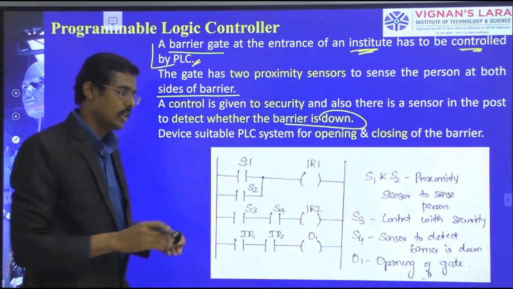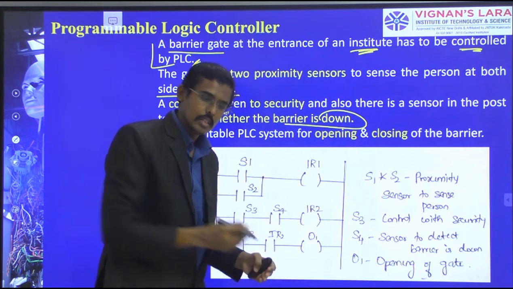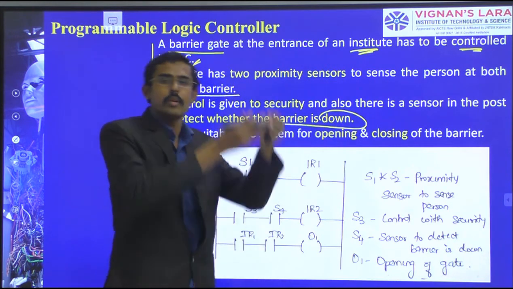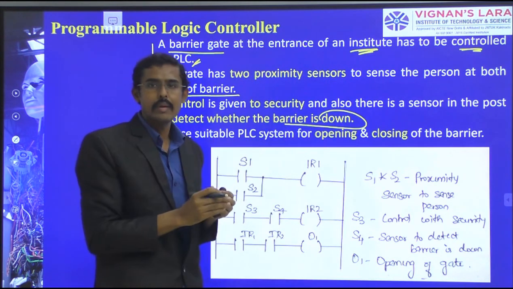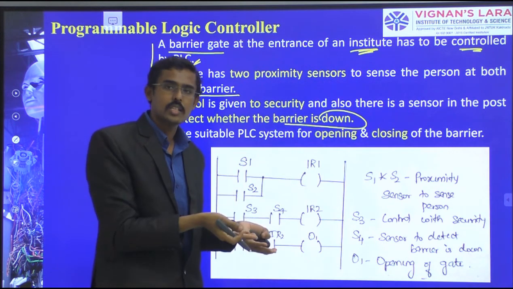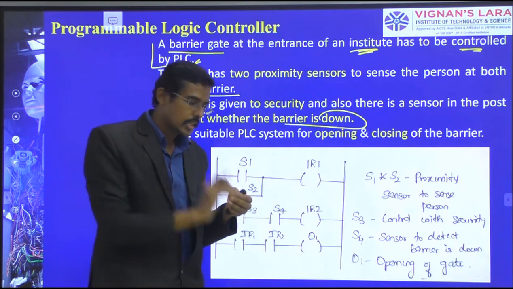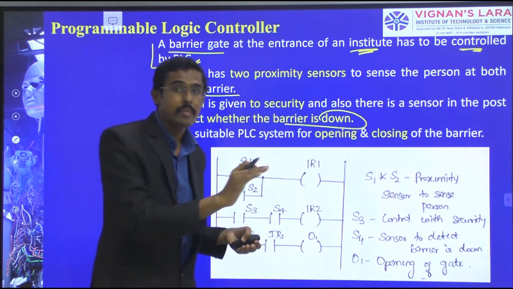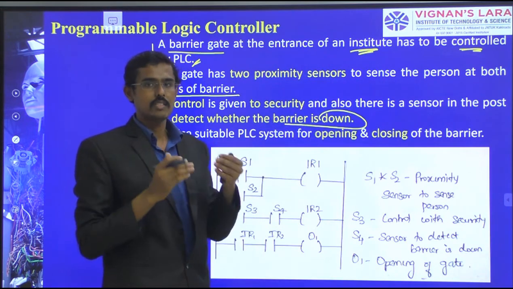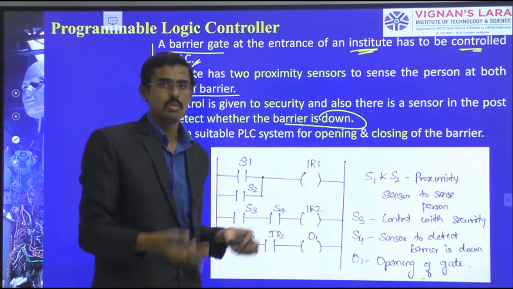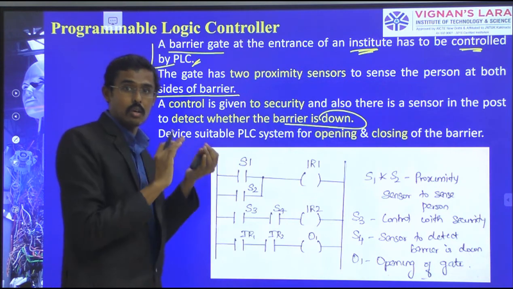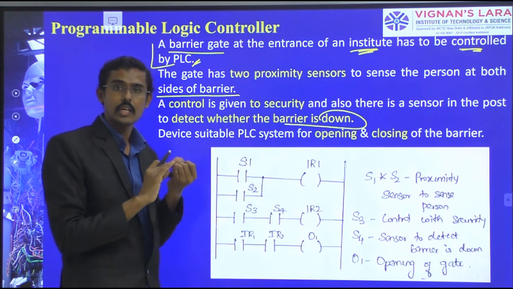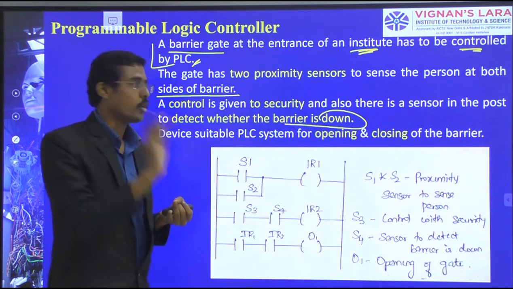If the barrier is down, when the person comes, it can automatically open. Otherwise, the security can see the person and click so that the person is permitted to go out. Therefore, we have sensor 1, sensor 2, control by the security, and control by the automatic post.